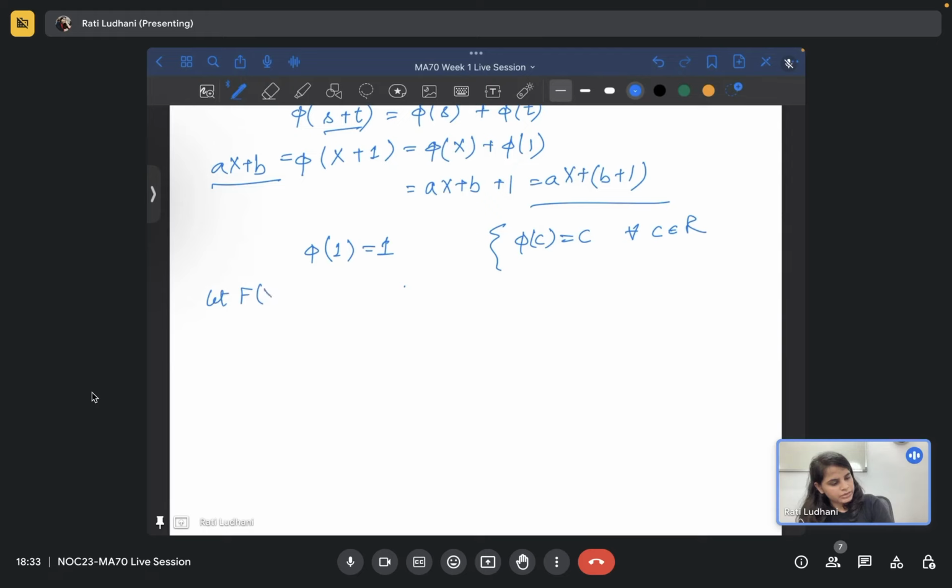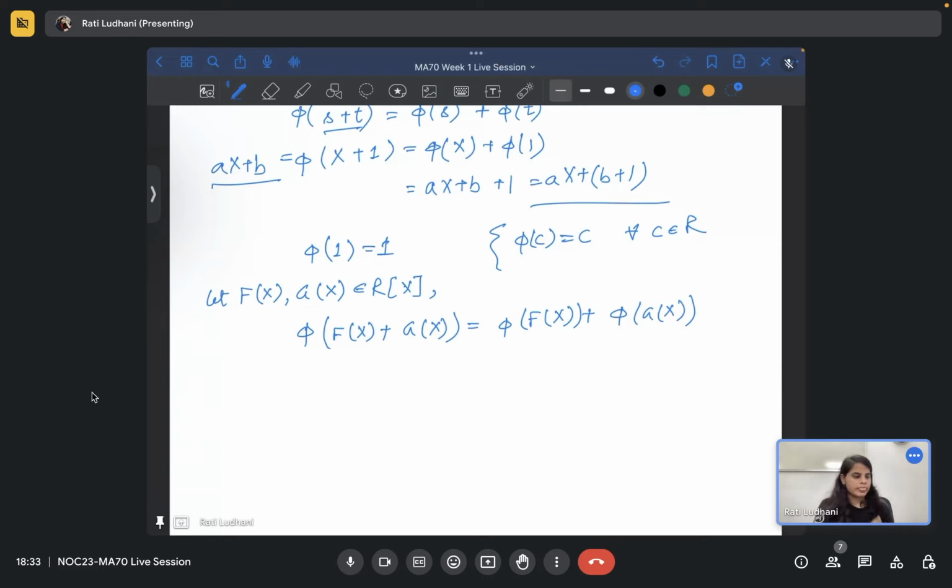Let f(x) and g(x) belong to R[x]. What we really require is that phi of f(x) plus g(x) should be equal to phi of f(x) plus phi of g(x).